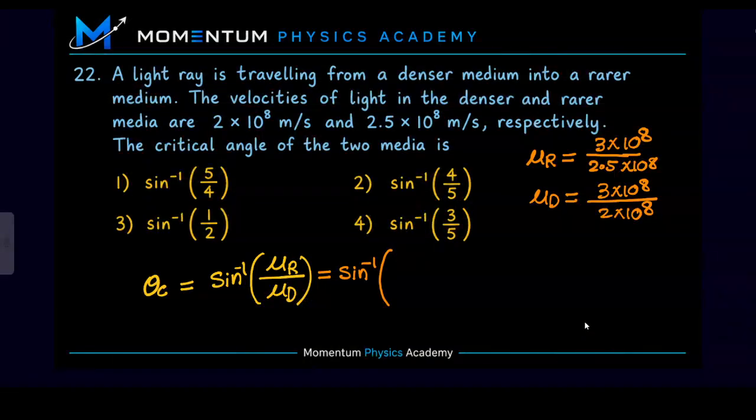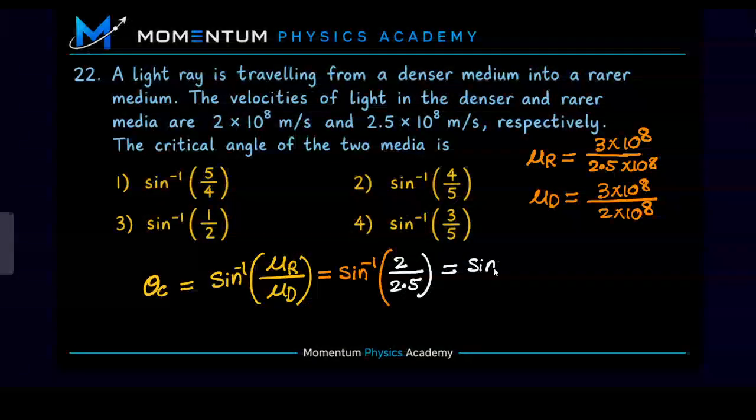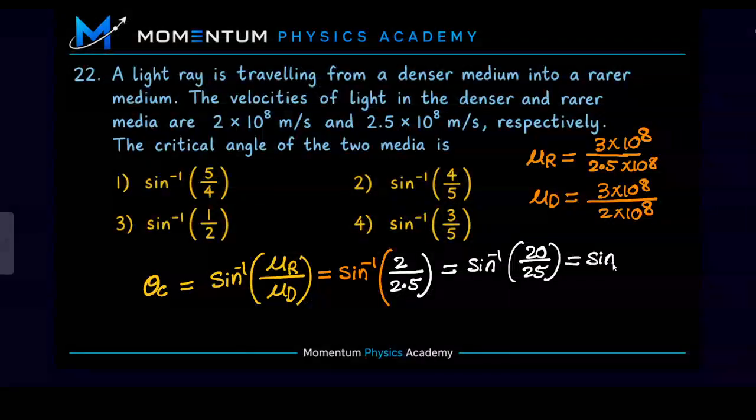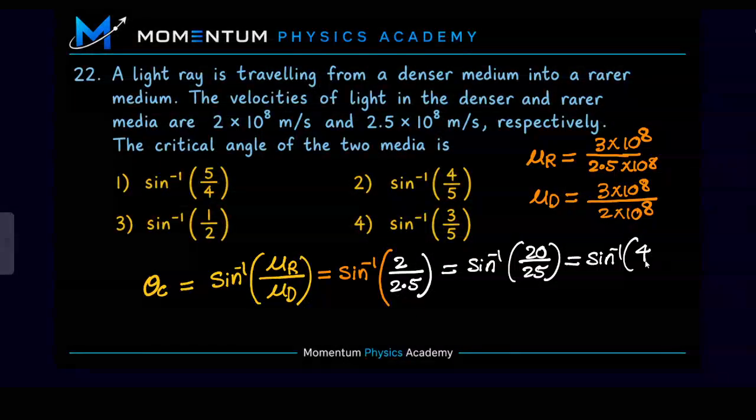Now simplify it. Then it comes to 2 by 2.5 now, isn't it? So it will be sine inverse of 20 by 25, that is sine inverse of 4 by 5. Second option.